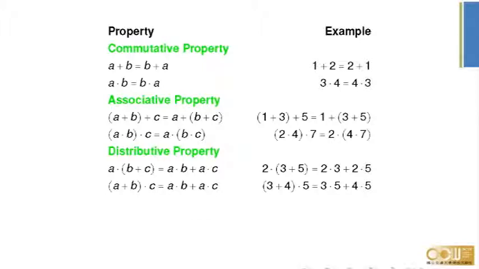This one is called the left distributive property because a is on the left of this multiple. The second one is called the right distributive property, which is a plus b first, then multiplied by c, equals a times c plus b times c.